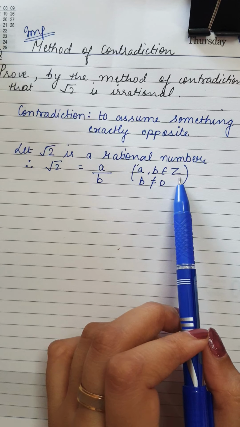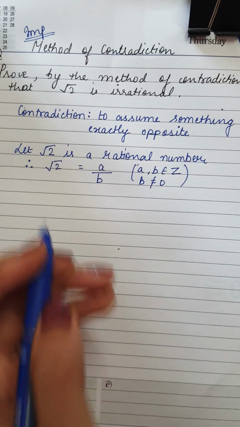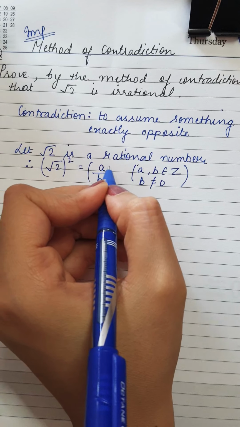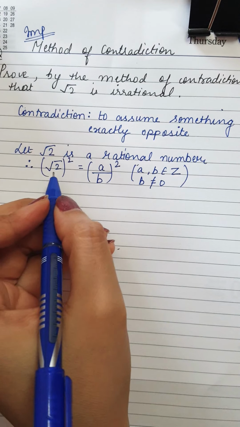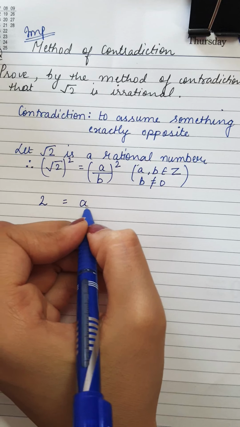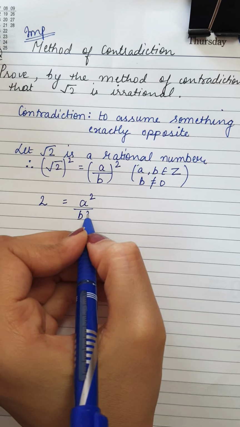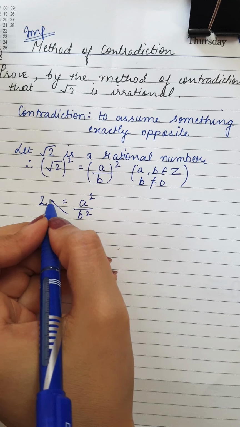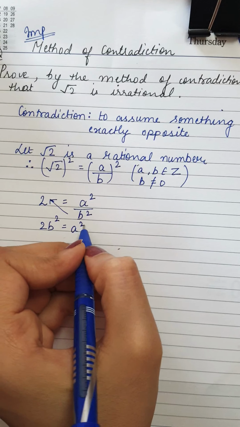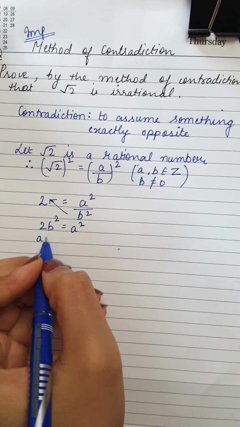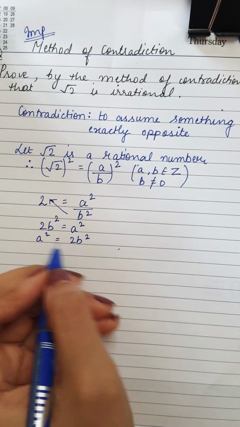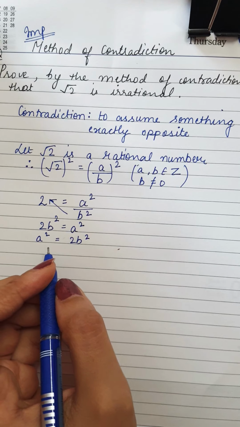Here Z is integers. Okay, now let's square both sides. The square of √2 will be 2, and this is a square by b square. Now let's cross multiply. 2b² = a², or I can write it as a² = 2b². I have just switched both the sides.